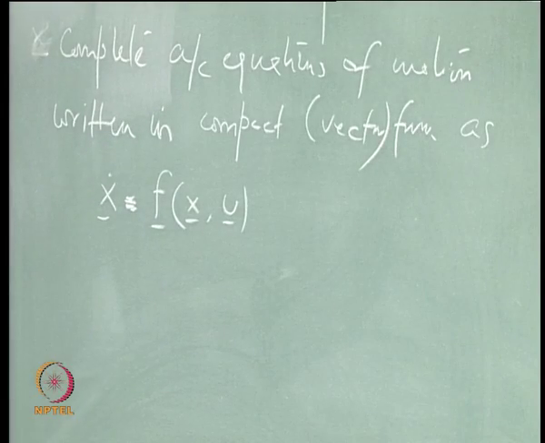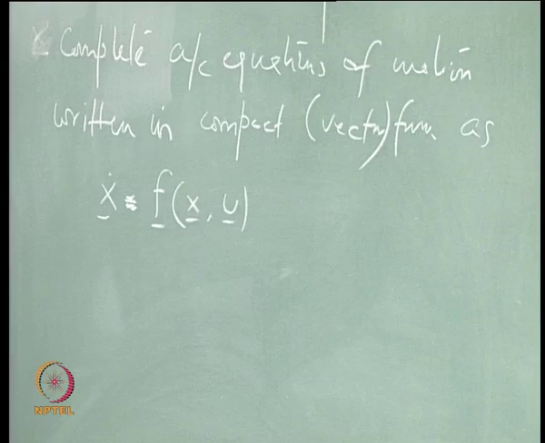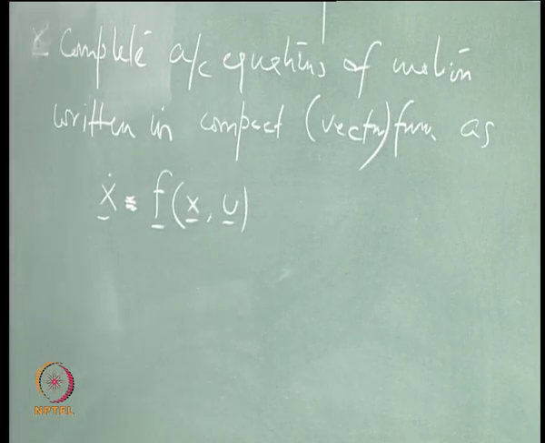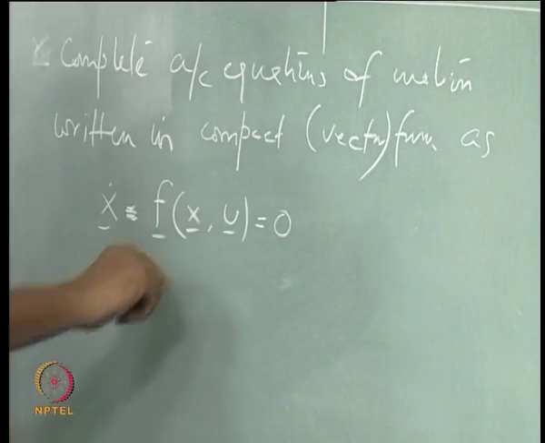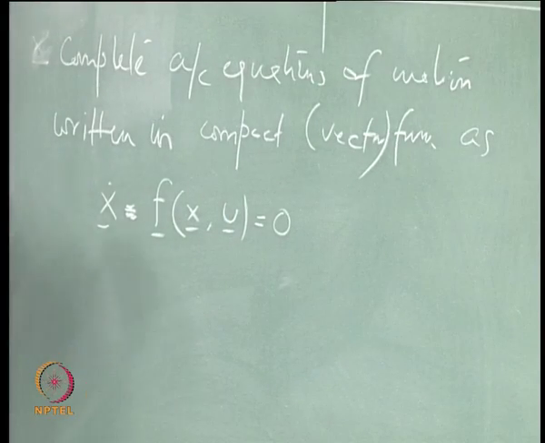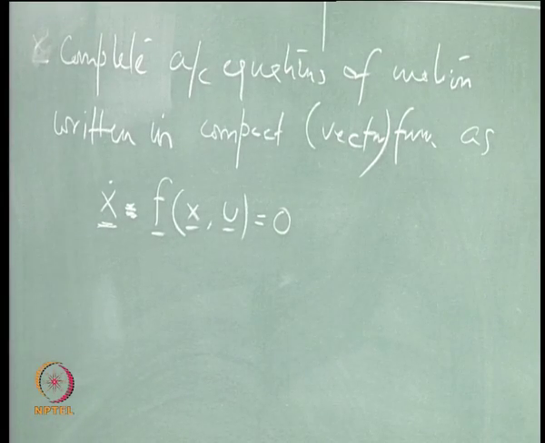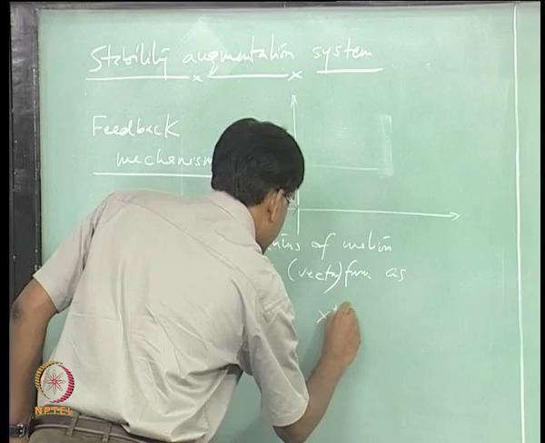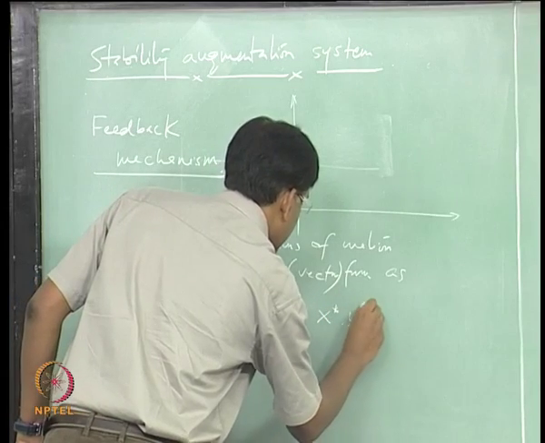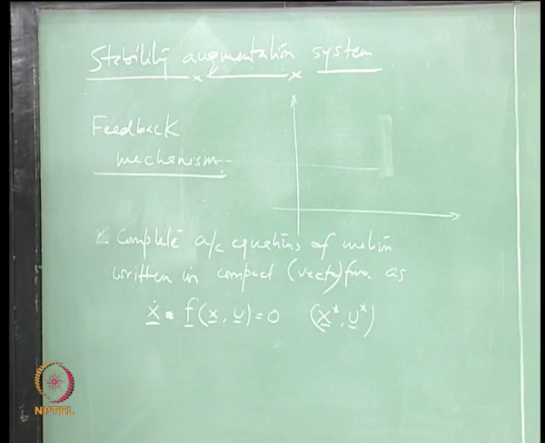Linear control systems are actually designed around particular equilibrium flying conditions, and those flying conditions are obtained by setting the derivative of the aircraft state variables to 0, and so we have equilibrium conditions which are denoted by x star, u star.